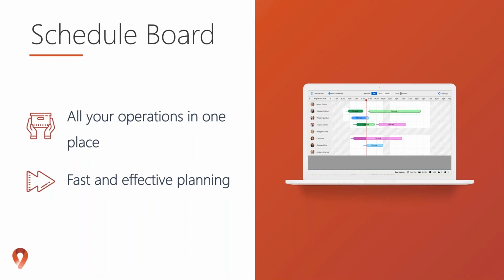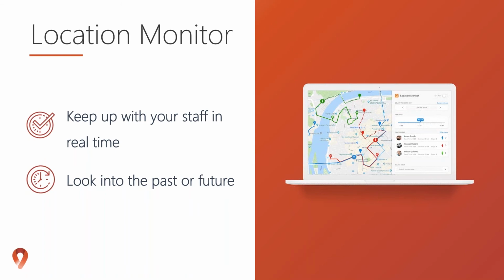Then we have the key piece of Resco Routes, which is the location monitor. It enables you to keep up with your staff in real time by using live tracking on mobile devices. At the same time, it visually displays that on the location monitor for back office or dispatchers.